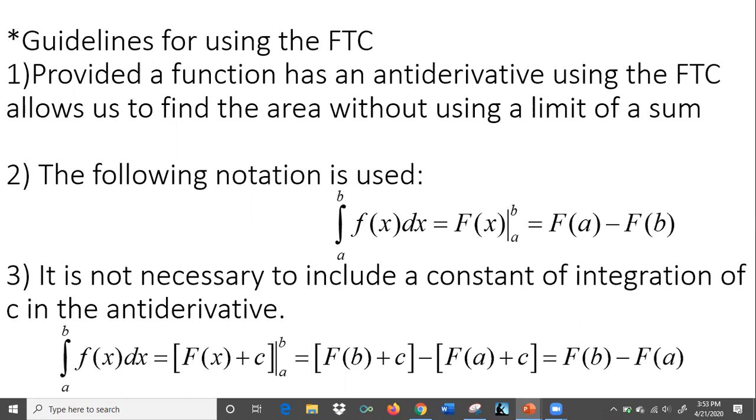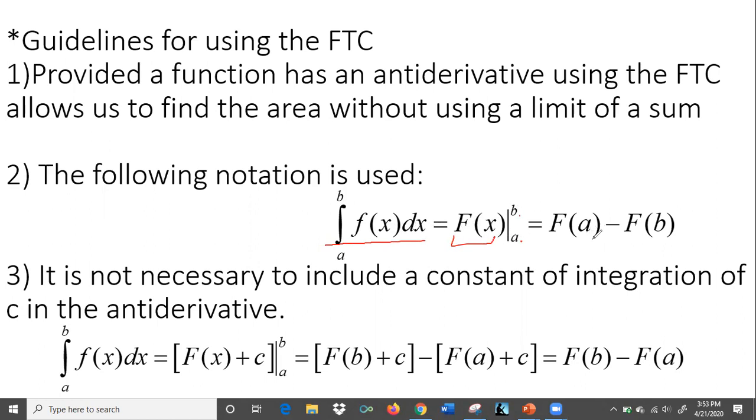The second is that we're going to use this notation. Now this notation is very important. So we have the integral from a to b of f of x dx. It's going to be equal to the antiderivative from a to b. Now we're going to denote this as this straight line after that.